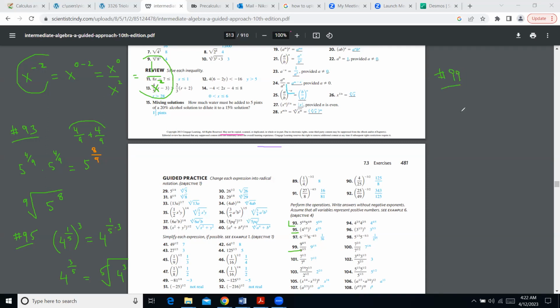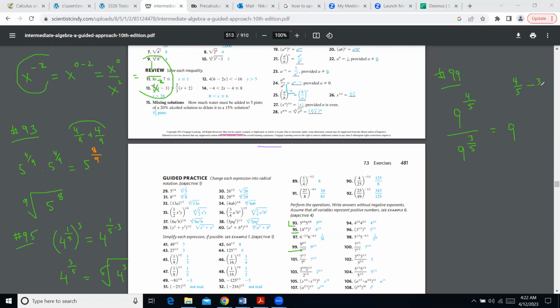So let me try one more, problem number 99, that says, take a look at 9 raised to the power of 4/5, and then you also put in the denominator 9 to the power of 3/5. Well, it looks like the power of 9 will have something to do with those fifths.